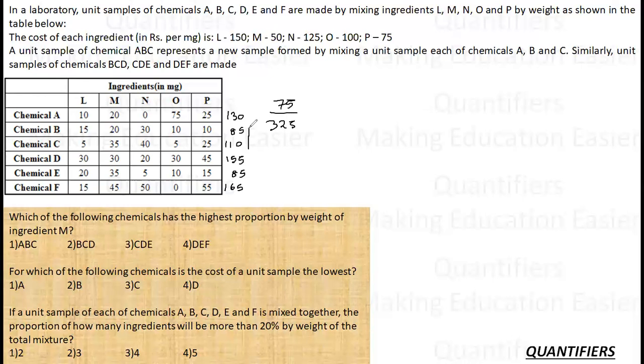Then 85 this, so the total is 350. And 20, 30, 50, 85. Now if I leave this 85, it is just replaced by 85, so the total is going to be consistent, that is 350.